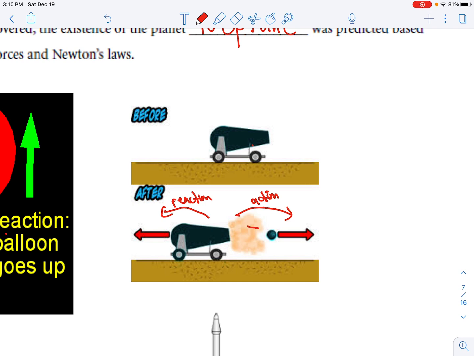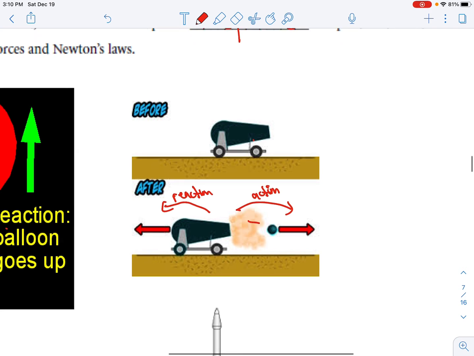Now, because the cannonball weighs a lot less, this cannonball might go forward, say, 200 meters. Maybe this guy weighs 10 kilograms. 200 times 10 would be 2,000. Now this cannon here might weigh 200 kilograms. Well, that means that the cannon would go backwards 10 meters.